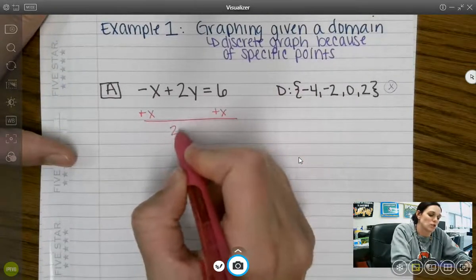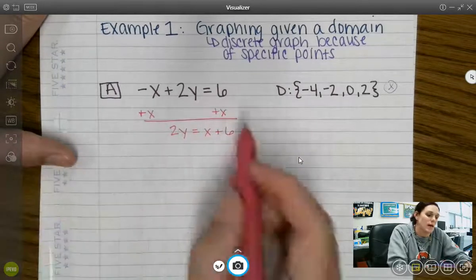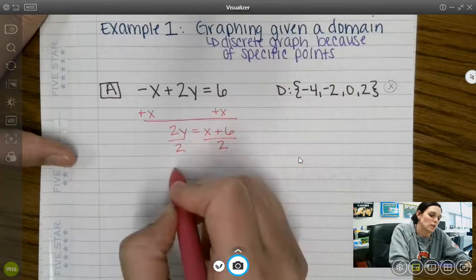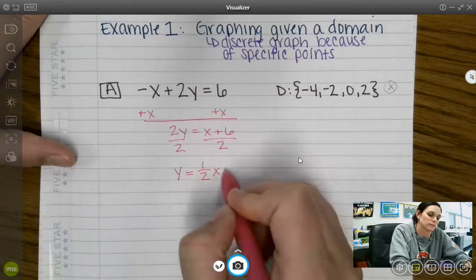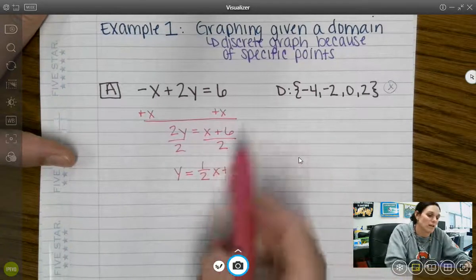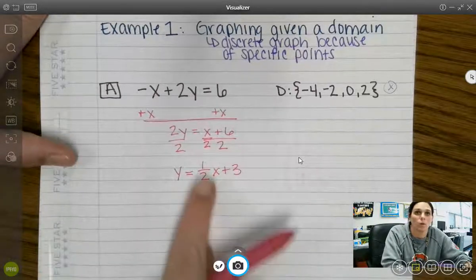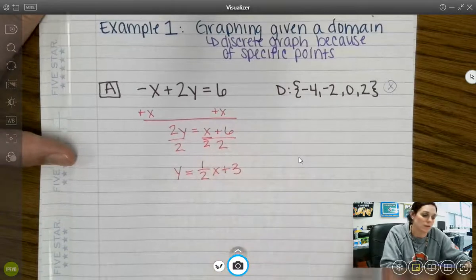So we would have 2y equals x plus 6. I then would divide both sides by 2. So y equals 1/2 x plus 3. So when I divide by 2, I'm dividing both of these parts by 2. So that way 1 divided by 2 got us 1/2, and 6 divided by 2 got us 3.